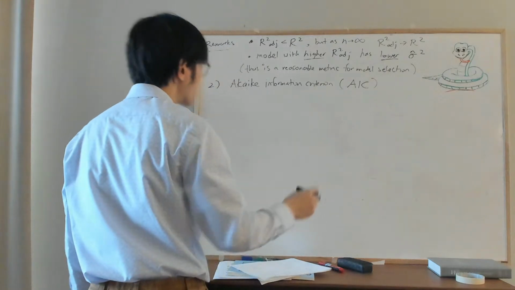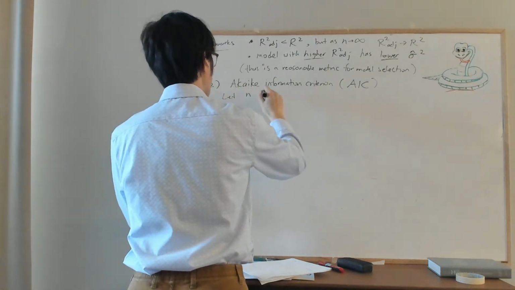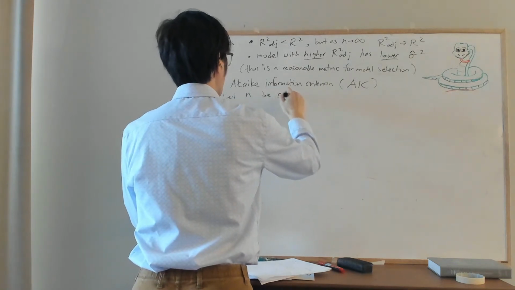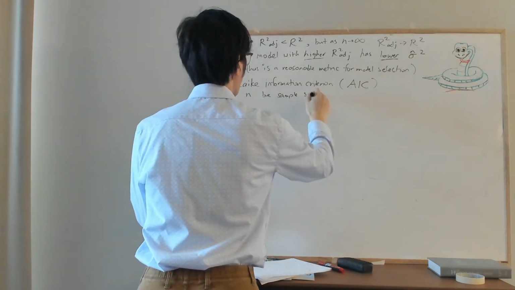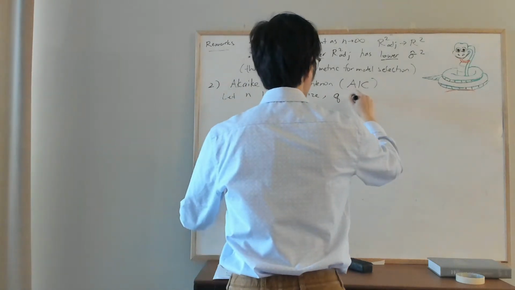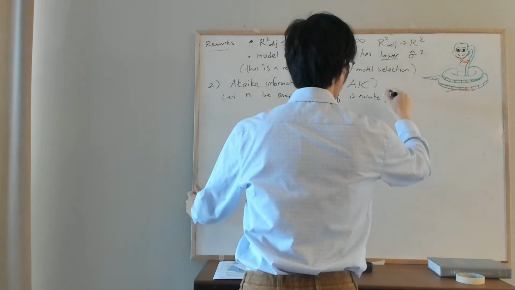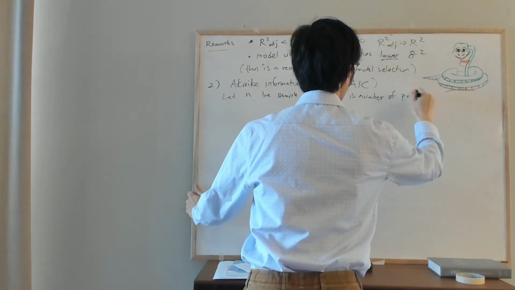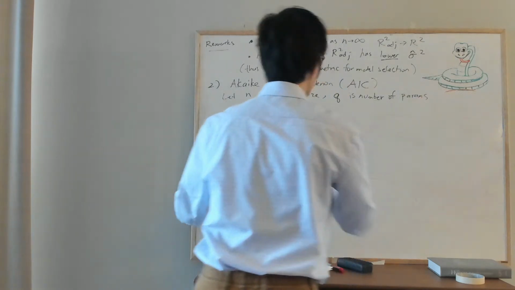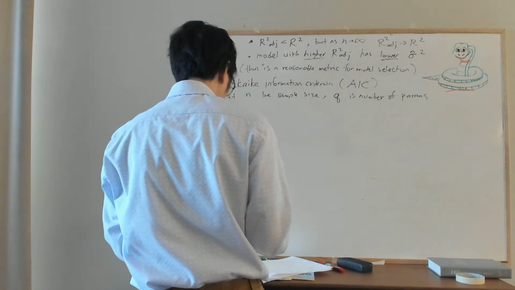Suppose n is the sample size, so the number of observations we have for fitting the model, and let's say q is the number of parameters. I'm giving you the general definition. So what is q in the context of multiple linear regression?